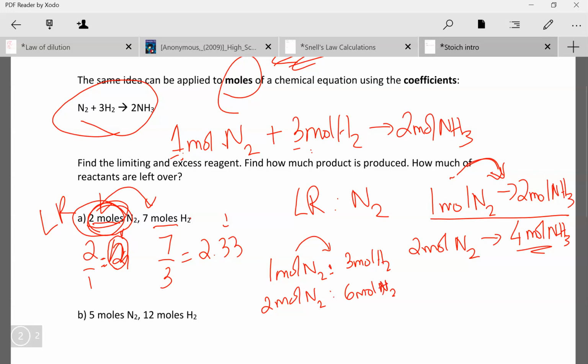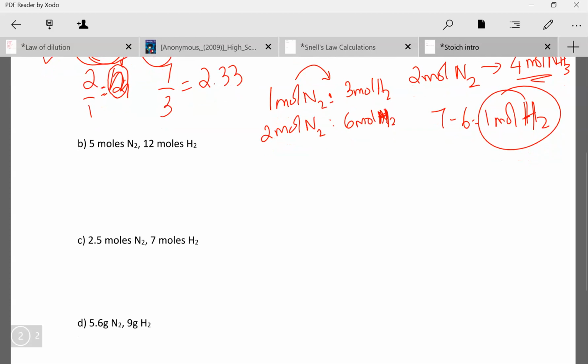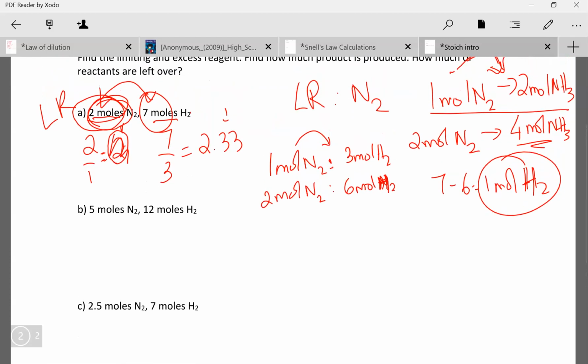Oh, sorry, hydrogen. Right, and I had 7 moles of hydrogen, so what is left over is 7 minus 6, which is 1 mole of hydrogen left over at the end of my reaction. So this is how I solve pretty much all the questions that I'm doing. It's 3 steps. I have to find my limiting reagent, and using the limiting reagent I do 2 calculations.